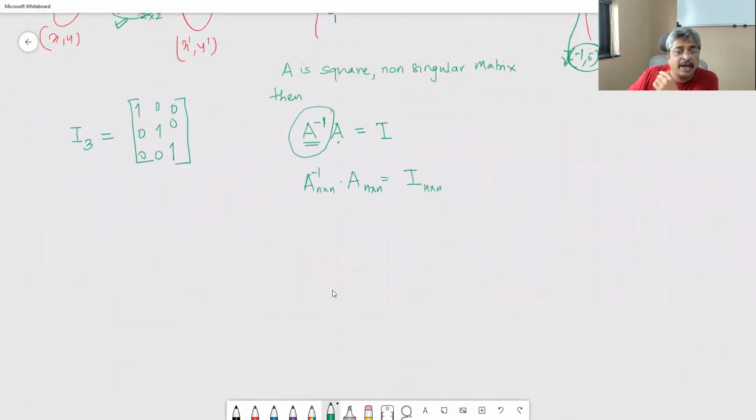Maybe it is easy to do it for 2 by 2. I ask you to do it. Find A inverse of the matrix 2, 3, minus 5, 7.